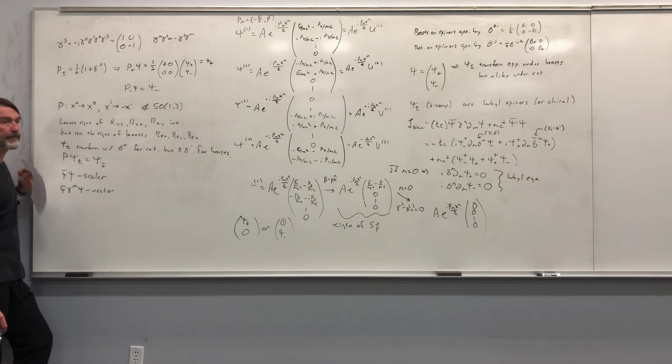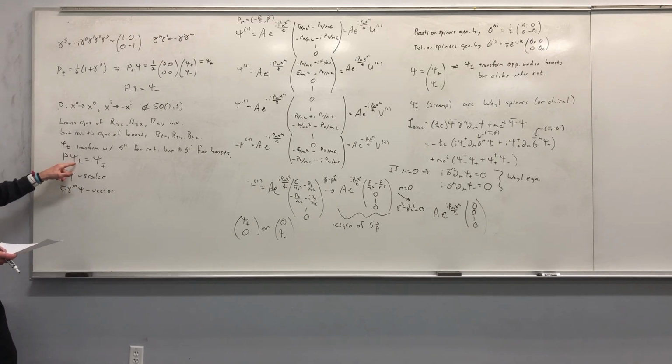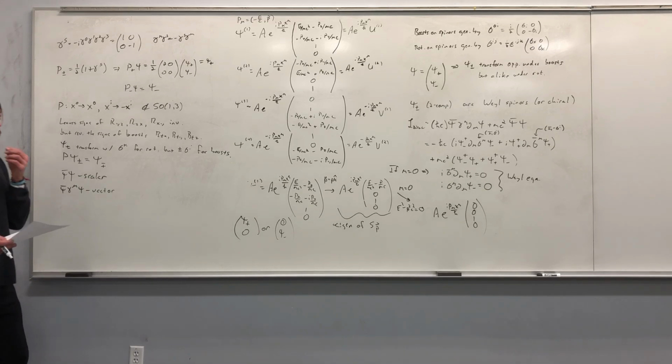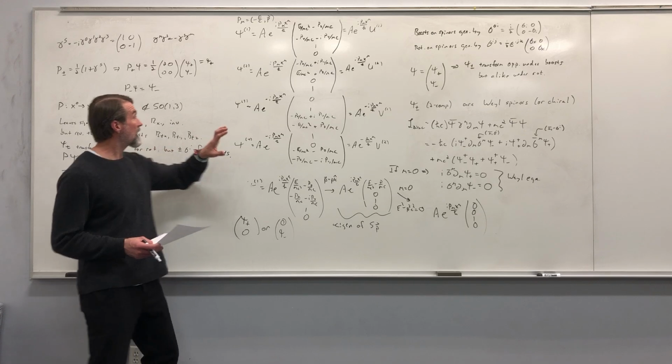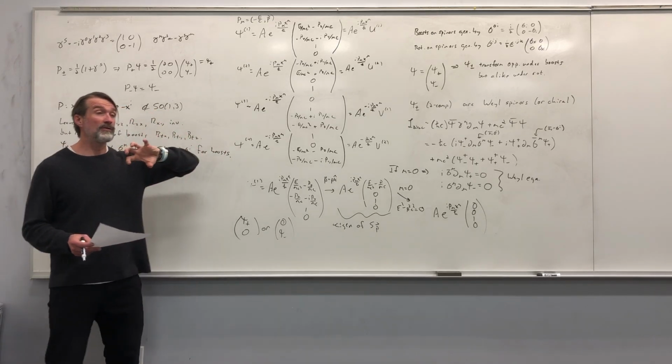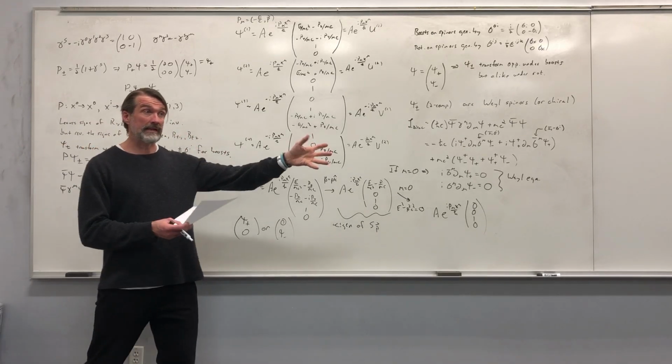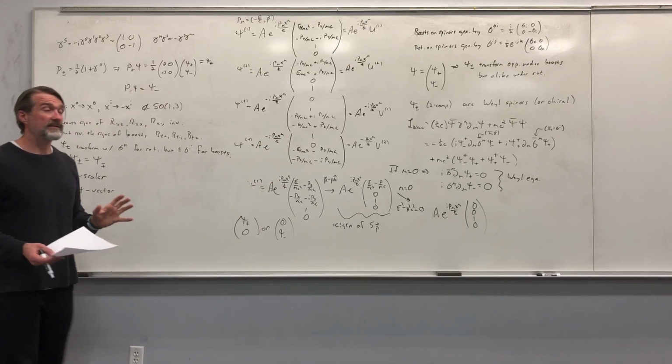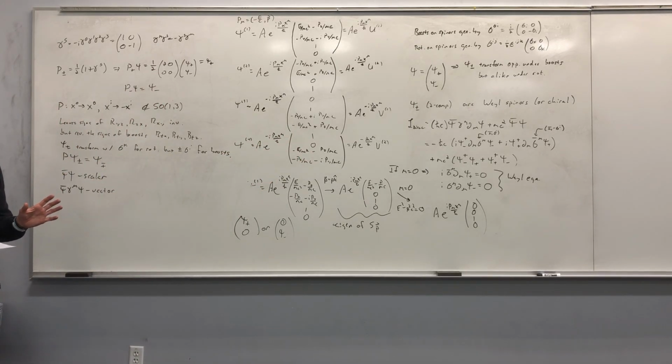So the action of parity on a Weyl spinor is to convert it into the alternate form. If it's a psi plus, it turns it into a psi minus. Now notice, parity transformations are not elements of SO(1,3). You can't do this by rotating the coordinate system or by boosting. You can't do that, period. This is a different kind of transformation.